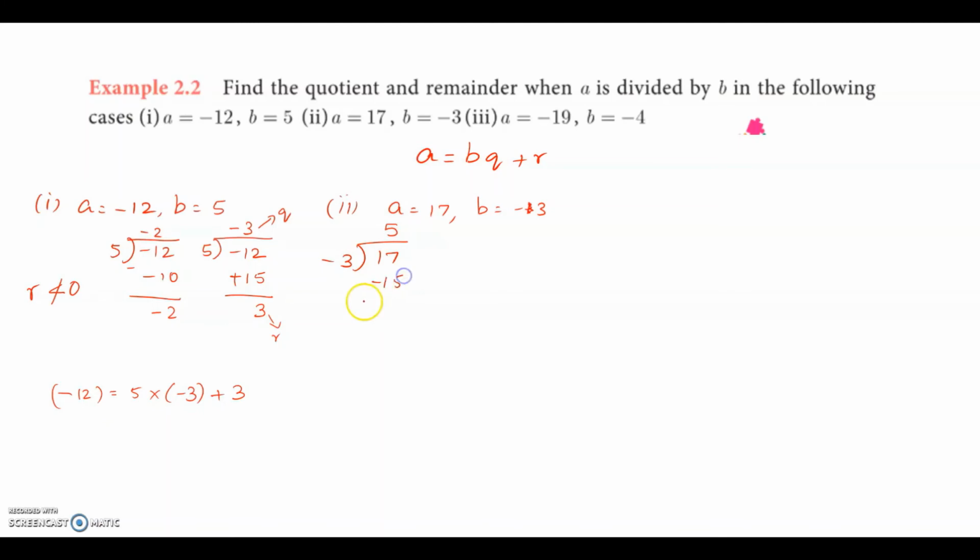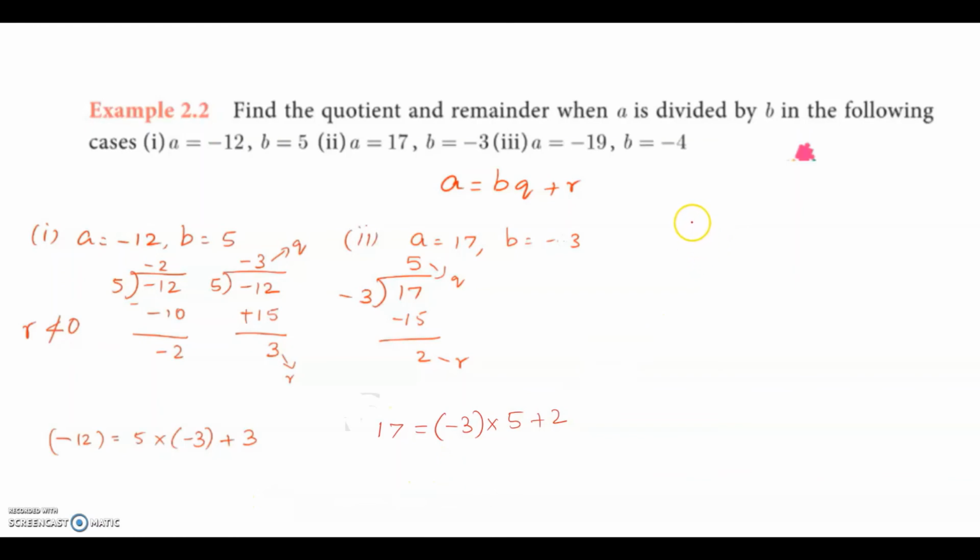So minus 15. So you get 2 as your remainder. And this is our Q. So we can write this expression as 17 is equal to minus 3 times 5 plus 2.